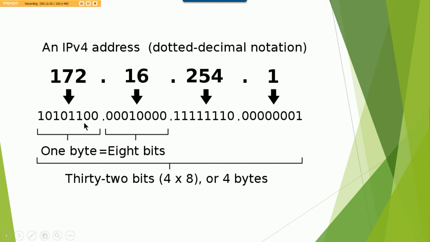Now if you take the values of these and add them up, you come up with 172 because 128, 32, 8, and 4 will equal 172. So this is, I think, a better visual display of a decimal IP address and a binary IP address, where you can get a better understanding of the bit values and how the computer can read and determine both numbering systems that we see here.